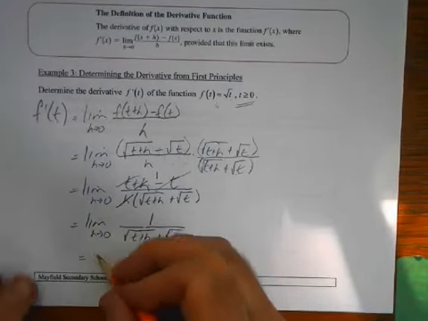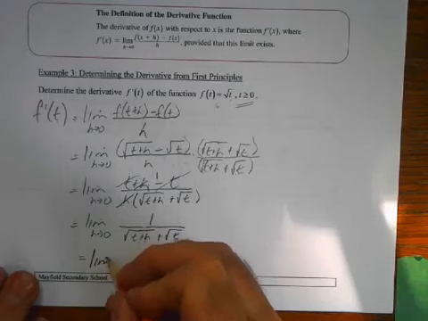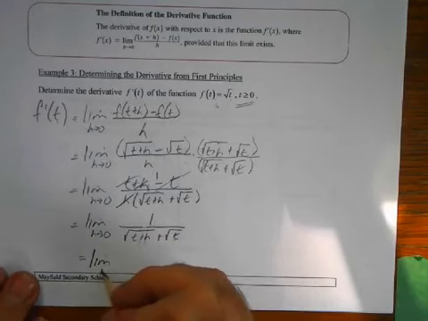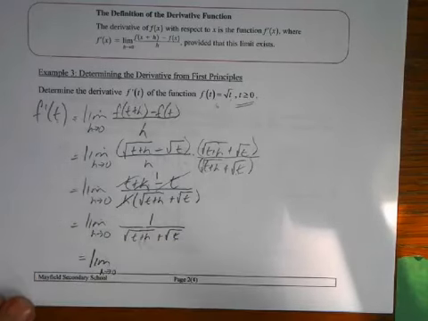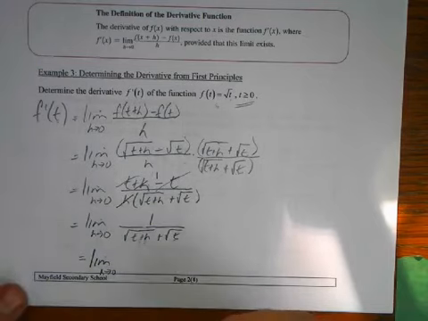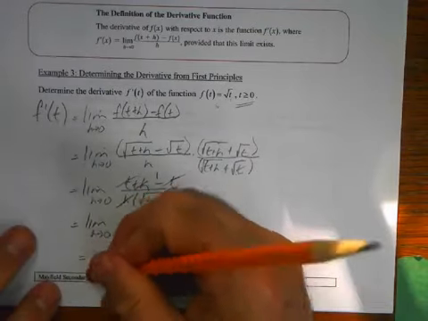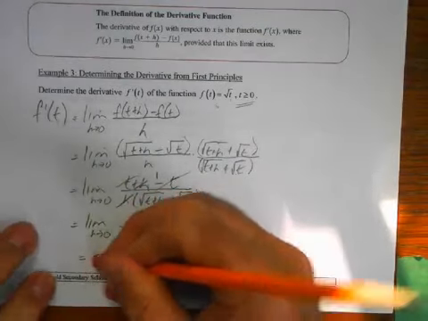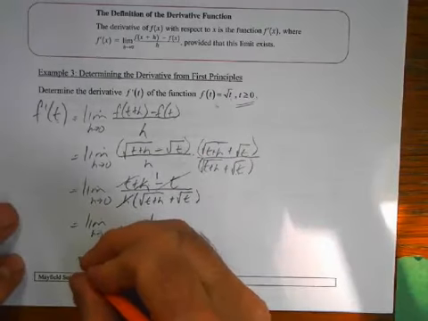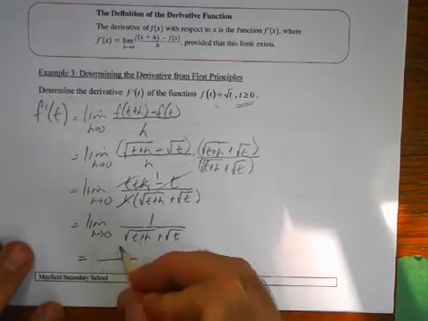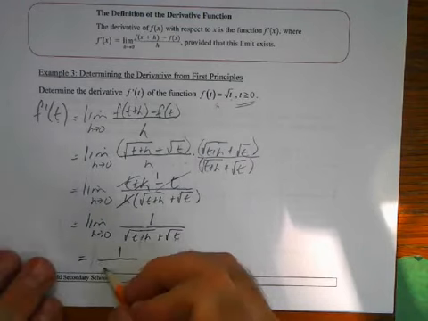Squeeze one more row in here. What do we got here? Now we're actually going to sub in h equals 0, so we don't need the limit anymore. We've got a 1 on the top and the square root of t plus the square root of t on the bottom.